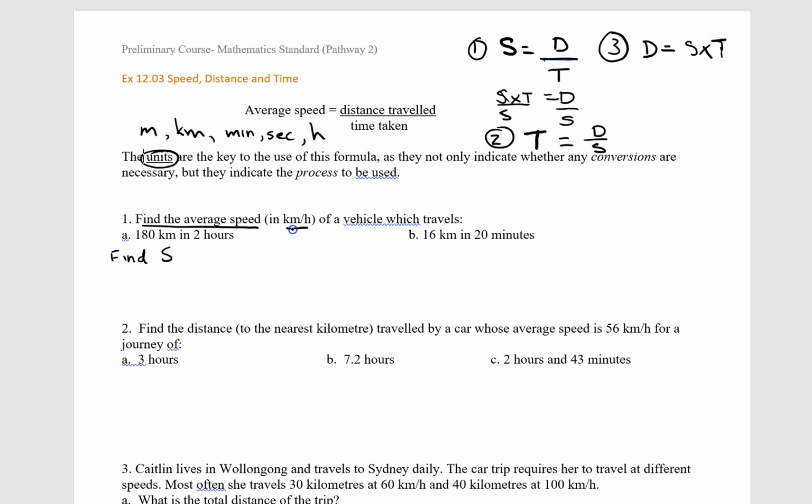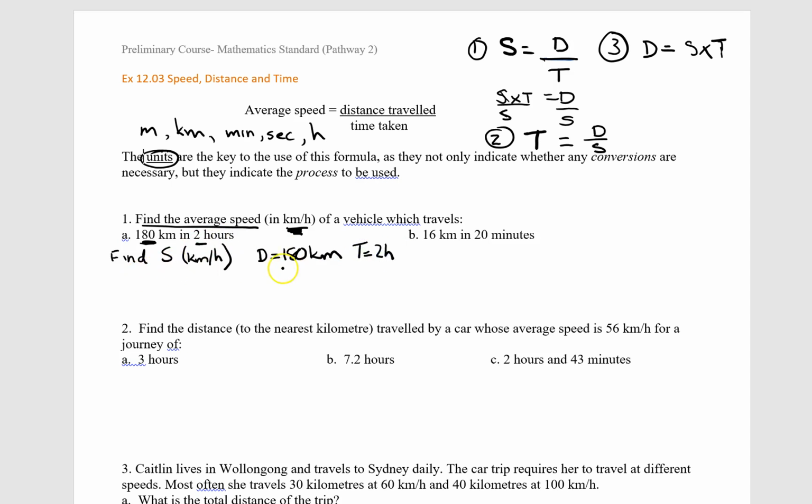It's got to be in kilometres per hour, and it's important to note that, just in case the units aren't given in kilometres or aren't given in hours. Which travels 180, clearly that's an important piece of information to underline. And that is our distance, 180 kilometres. 2 hours is our time.